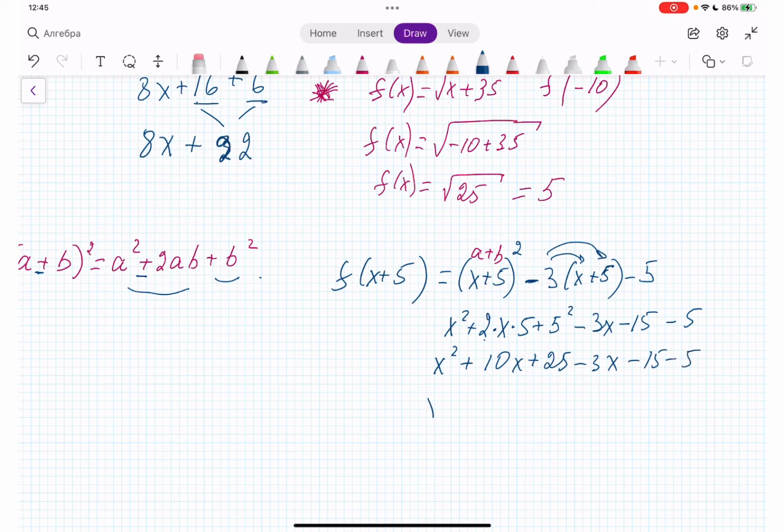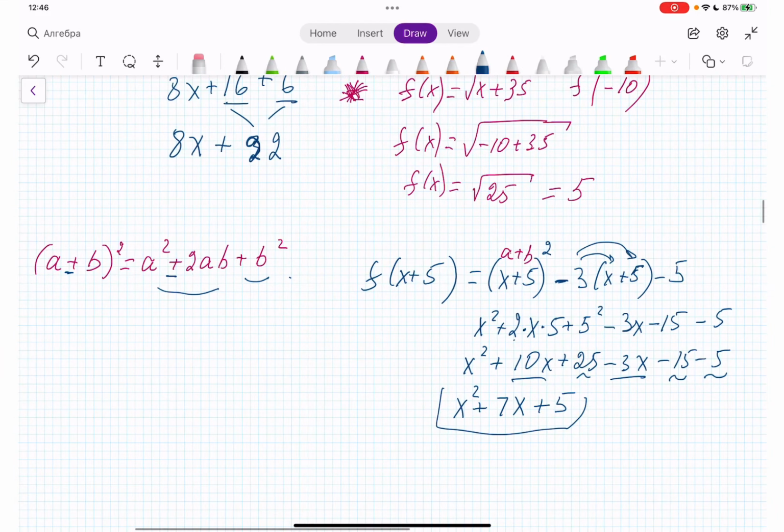So 10x and negative 3x, those are like terms. If I combine 10x minus 3x, it's going to be 7x. And then 25 minus 15 is 10, 10 minus 5 is positive 5. And this is going to be my answer, x squared plus 7x plus 5.